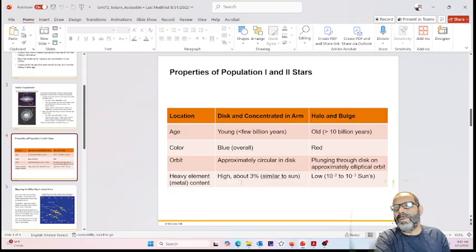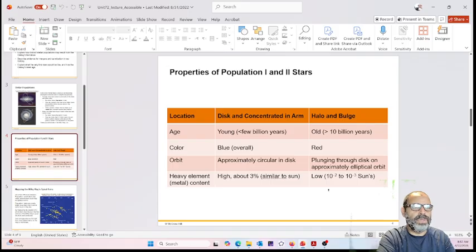So in this case, it means any element more than helium. And that's about 3%. Remember, the sun is mainly 3/4 hydrogen and about a quarter helium, and the difference is those higher metals, higher elements in the periodic table.